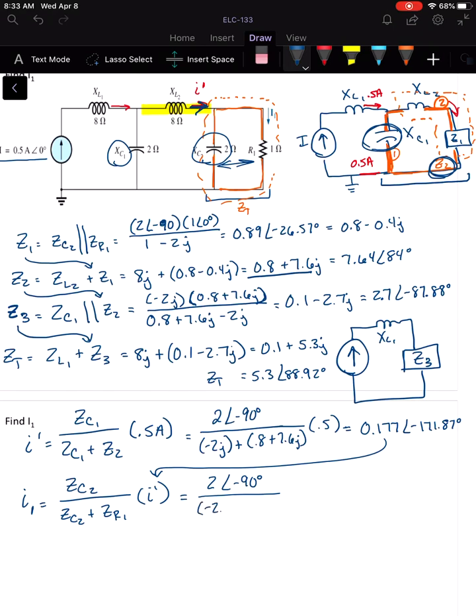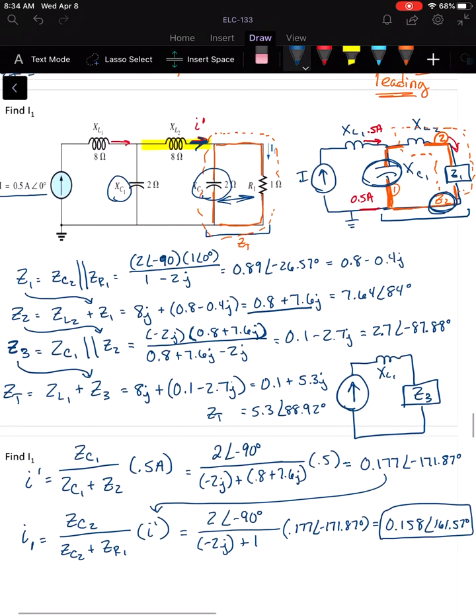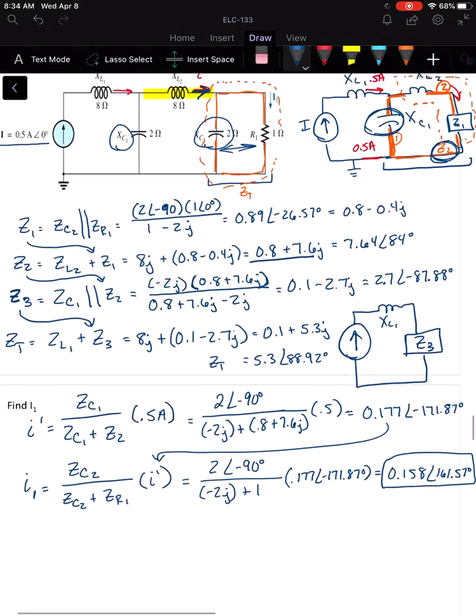And then on the bottom, I'm going to switch to rectangular form, plus 1, times the 0.177 at negative 171.87 degrees. And that means that I1 should be 0.158 or 158 milliamps at 161.57 degrees. And there's my I1. So we found I1 for our series parallel circuit.